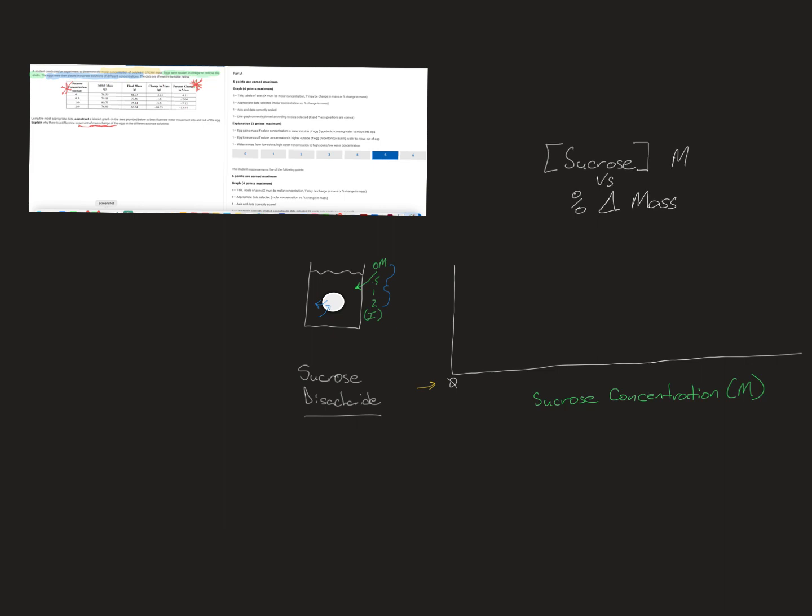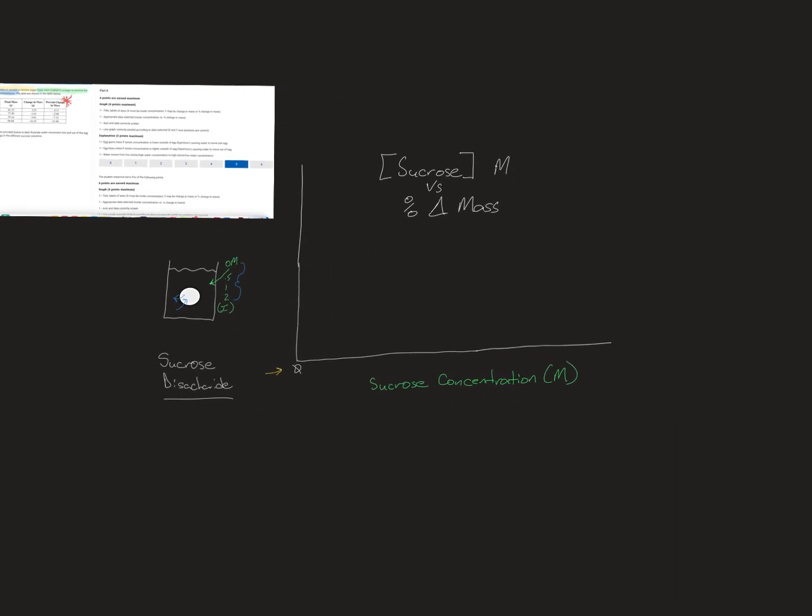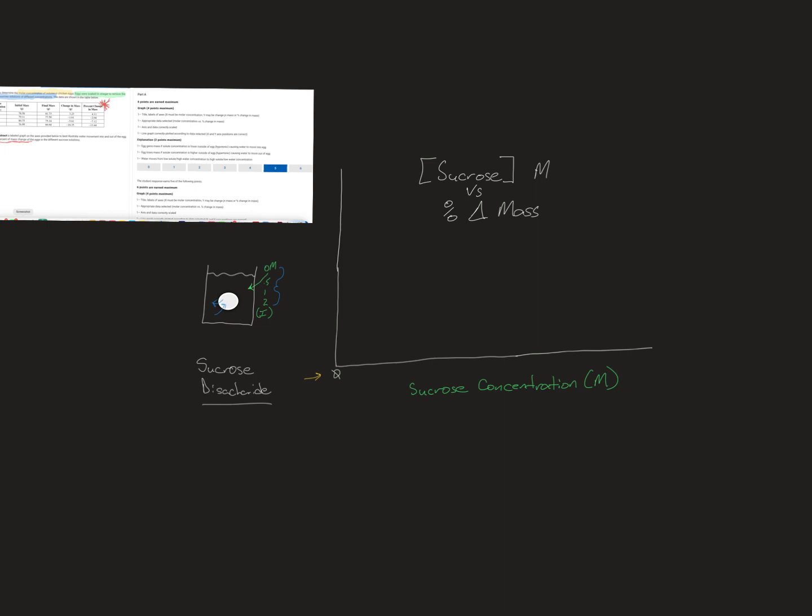Triangle means change. It's just a quick way of me writing it, but you could write it out in words. It could be anything like that. So that would be the title of my graph. And of course, on the y-axis, what I'm going to write is percent change in mass.